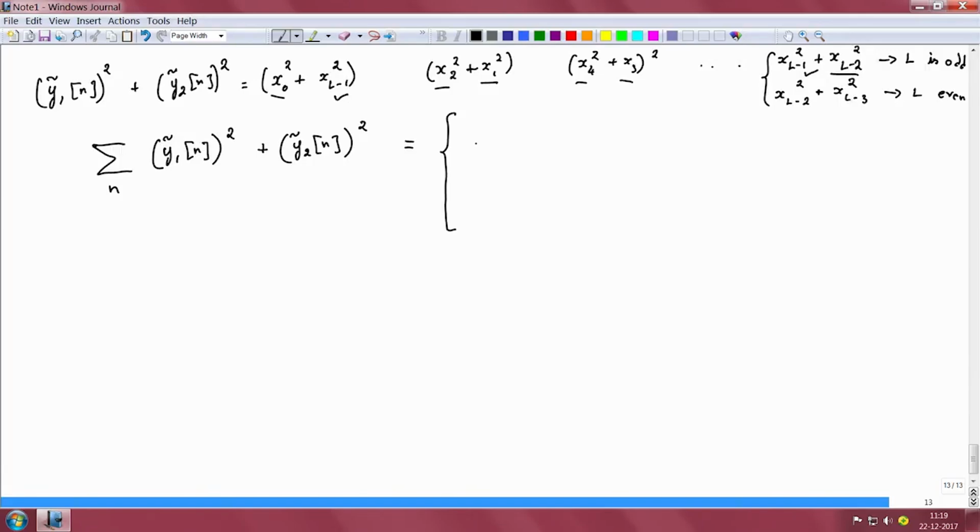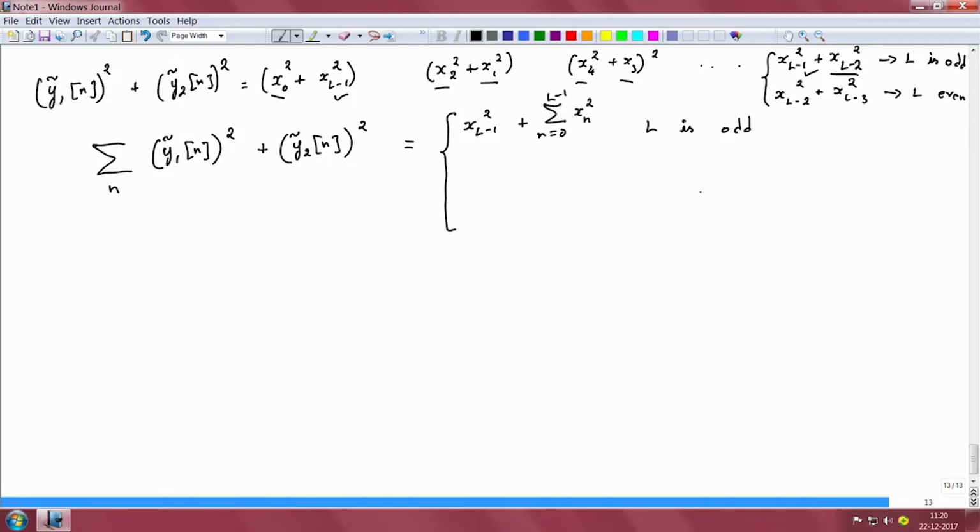So, here the output is going to be x L minus 1 whole square plus summation n equal to 0 to L minus 1 of x n whole square, when L is odd.